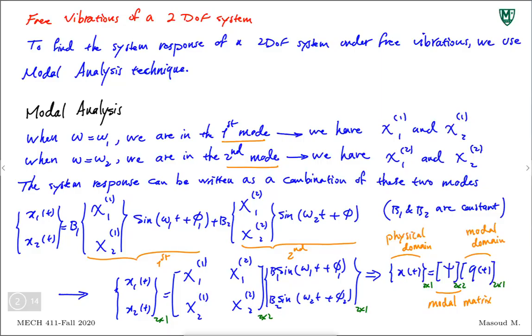So what is this modal matrix? Well, we can form it by finding mode shapes. The first column of the matrix is the first mode, and the second column is the second mode. I have a system with 2 degrees of freedom, so we have 2 modes.